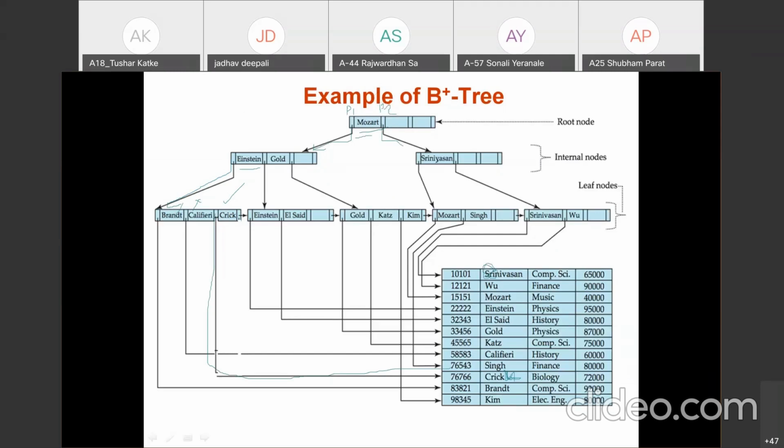Now Srinivasan is equal to Srinivasan, correct? This pointer points to the records which are equal to or greater than Srinivasan. So follow this pointer. The first record is Srinivasan. This pointer P1 points to the record with the search key value Srinivasan. Here we will get the Srinivasan record. Is it clear to everyone how to locate a record with the B plus tree?